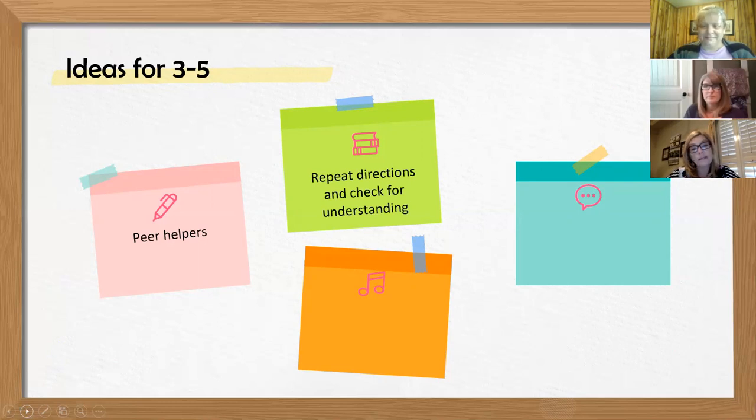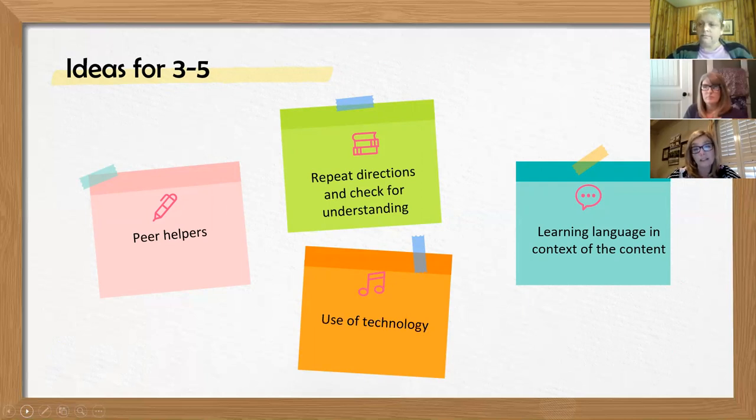And of course, we always repeat directions and check for understanding with all of our students, but especially with English language learners, to make sure they truly understand what they're supposed to be doing. Like I said before, we're learning language in the context of whatever content we're doing. And sometimes it's appropriate to use technology. We use technology with all of our students, obviously, but sometimes it can be especially helpful with English language learners.